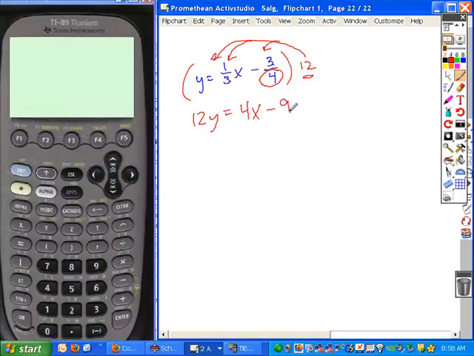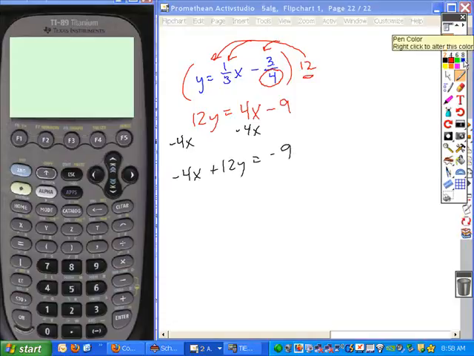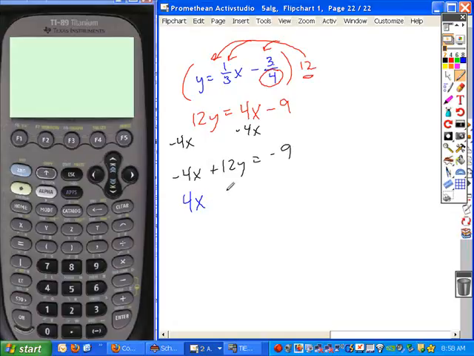So you can simplify and get rid of all your fractions. The last thing you need to do is move all the variables to one side, so we get negative 4x plus 12y is equal to negative 9. The final step is to change the sign so that your leading coefficient is positive, and the way to do that is just go through and change each individual term's sign.